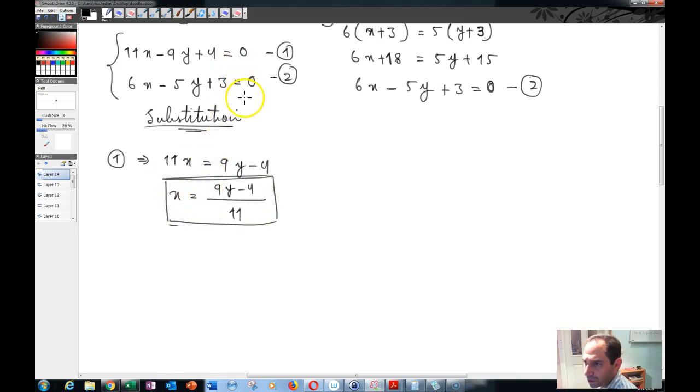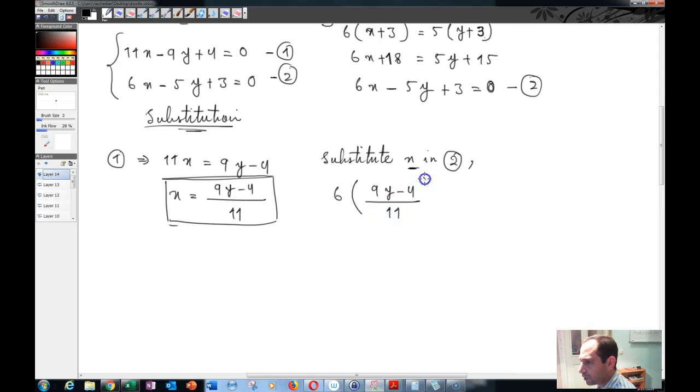And then you can now substitute x, meaning this expression over here, in equation 2. So 6 times x, which is 6 times this whole expression, 6 times 9y minus 4 divided by 11, and then minus 5y plus 3 is equal to 0.